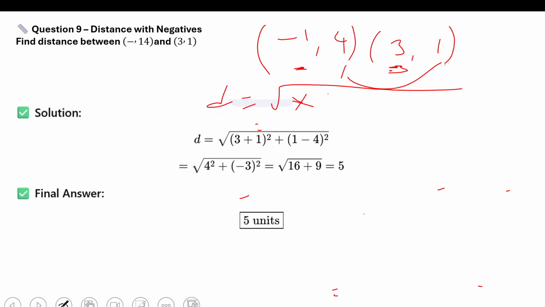Okay, so that's what we have here. Yes, x2 plus x1 all square plus y2 plus y1 all square.